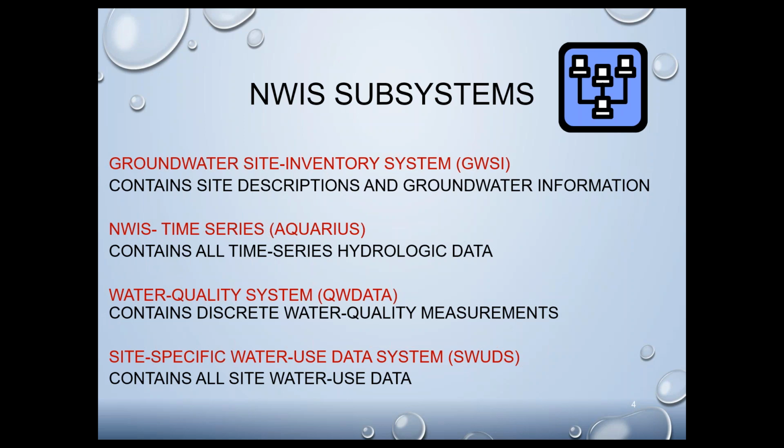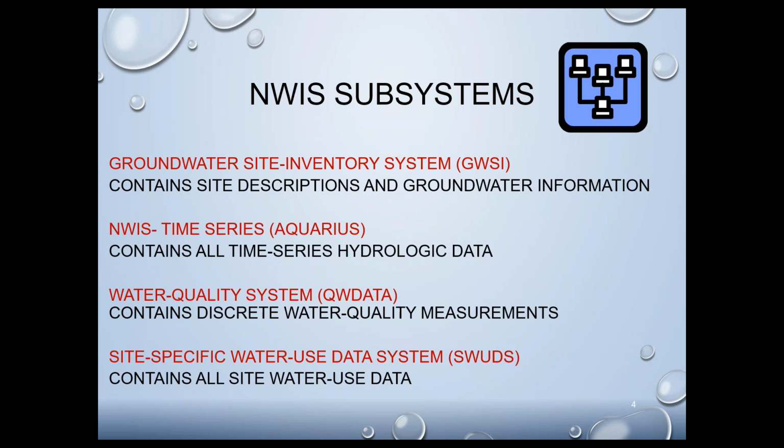So the 4 subsystems are the Groundwater Site Information System, or GWSI. This contains site descriptions as well as groundwater information. The next subsystem is the NWIS time series. We call this AQUARIUS. It's the commercial software that I mentioned earlier.